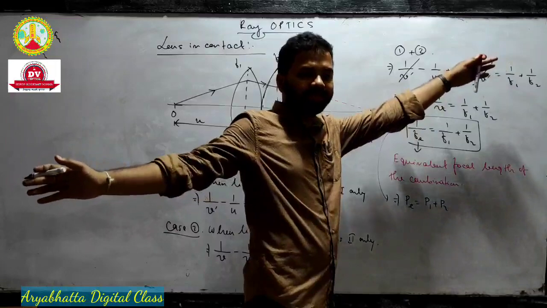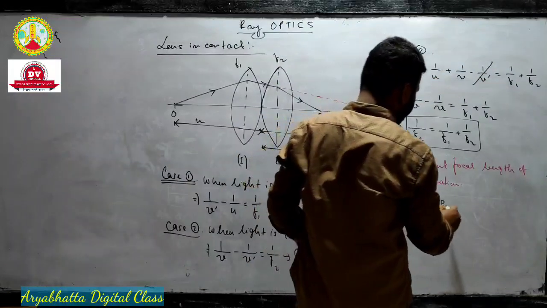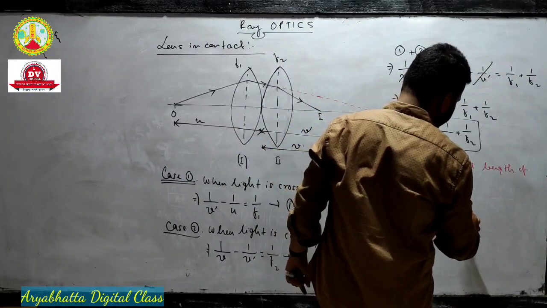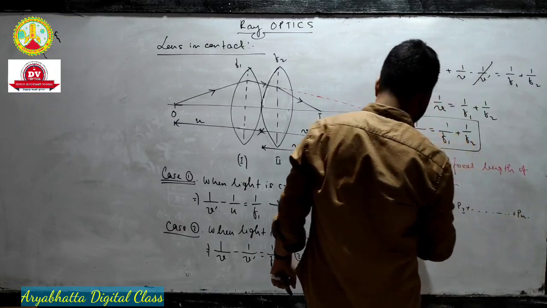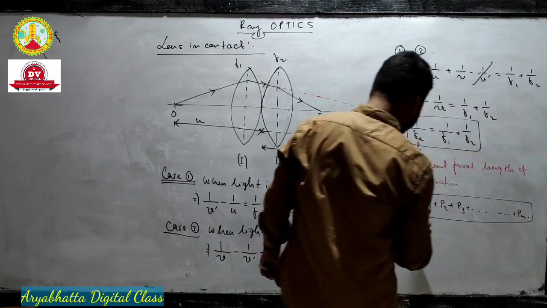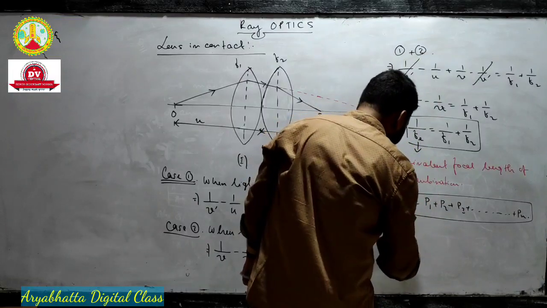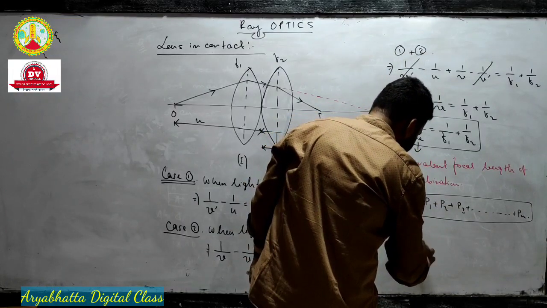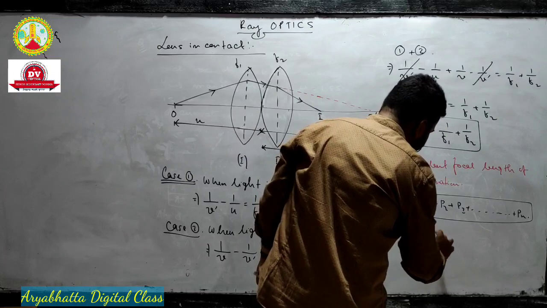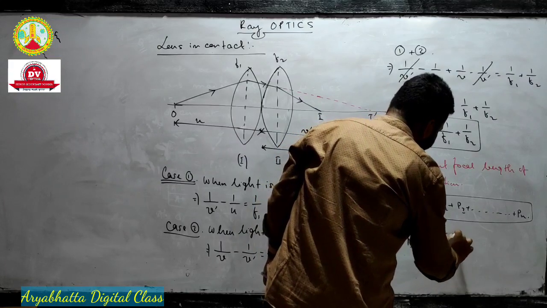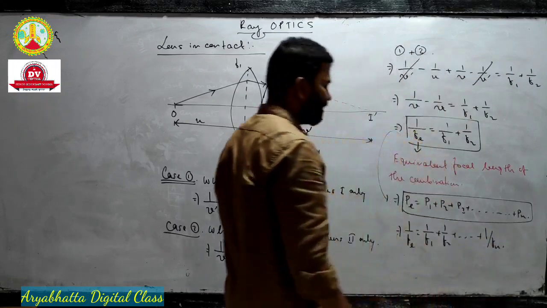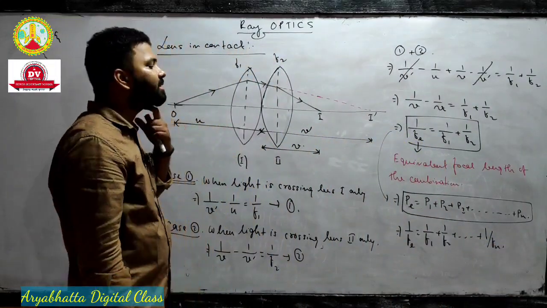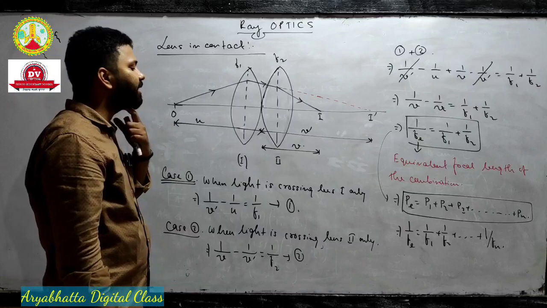If there are n lenses, it will be PE is equal to P1 plus P2 plus P3 up to Pn. This is for equivalent focal length and power, if n numbers of lenses are kept in contact with each other.